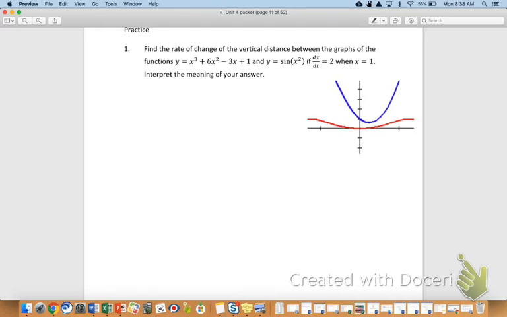Okay, so has anybody put a box around the thing we're supposed to do? Find the rate of change of the vertical distance. That's right. So that would be here. So we're supposed to find the rate of change of the vertical distance between the graphs.